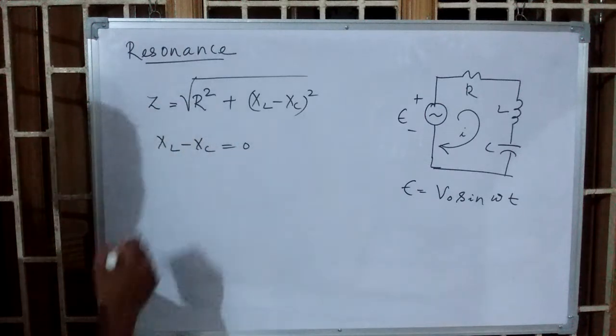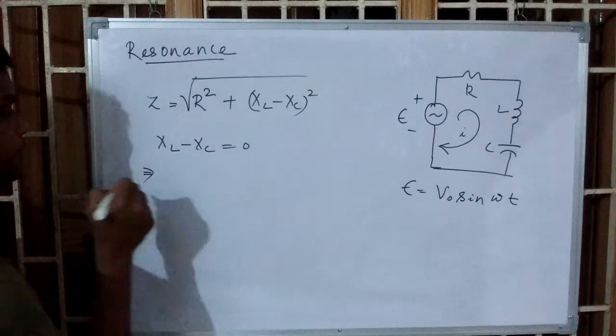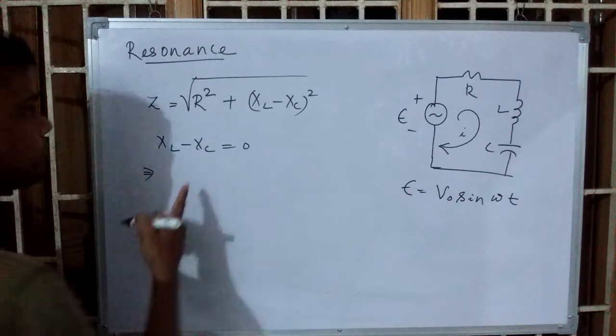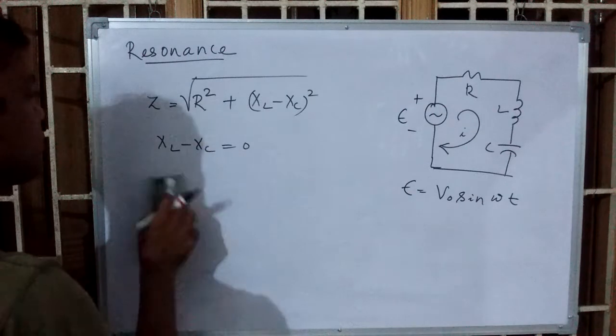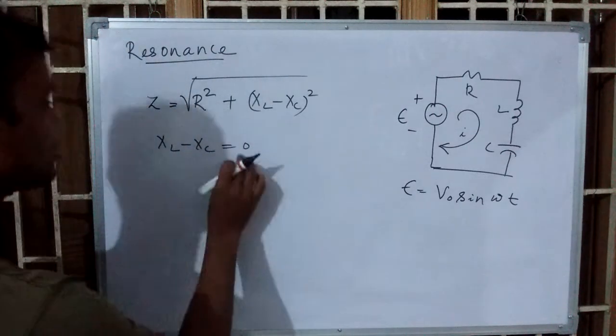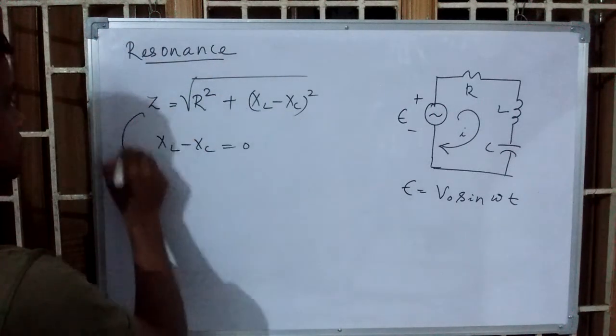Let XL minus XC be 0. Now put this value here.